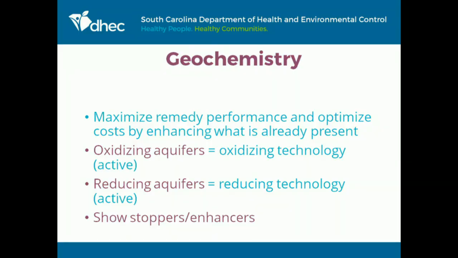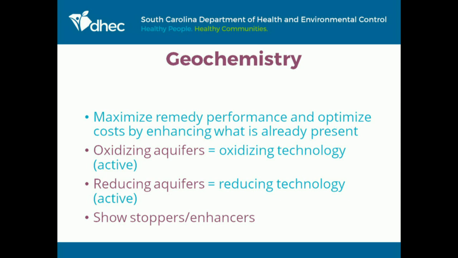So as I said before, the decision tree wants to maximize remedy performance and optimize your cost by enhancing what's already present. If you have an oxidizing aquifer, the decision tree is going to recommend an oxidizing technology, and that's specifically with respect to active technologies. If you have a reducing aquifer, the decision tree is going to recommend a reducing technology.